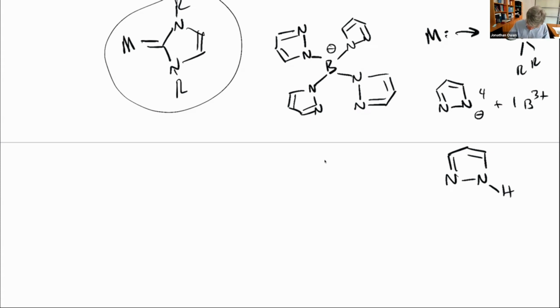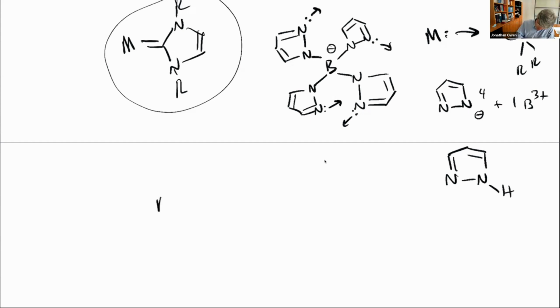Now, these 4 nitrogens can be neutral donors for a metal center. So is this an L4 ligand? Well, it doesn't bind with all 4 nitrogens. In fact, usually one of those pyrazolates is actually a hydride or a phenyl or something like that. But the point is that there are these neutral donors out there on the ligand periphery that can stick to the metal.